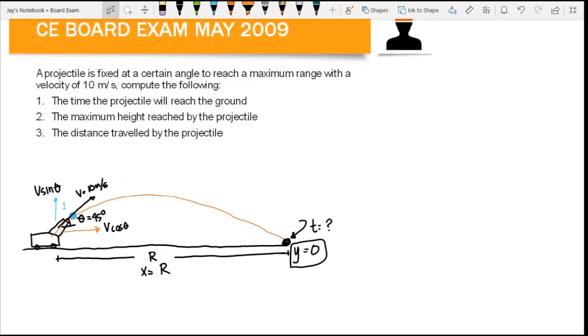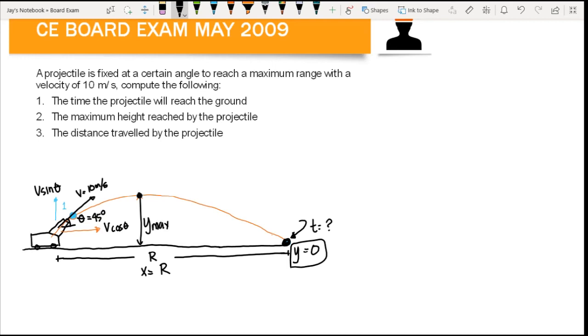Now for the second question, we are asked to compute for the maximum height reached by the projectile. So the maximum height is at the maximum or the peak of the curvilinear path. So this would be our maximum height. Let's say this is our y max.